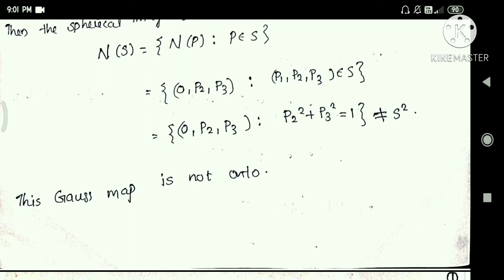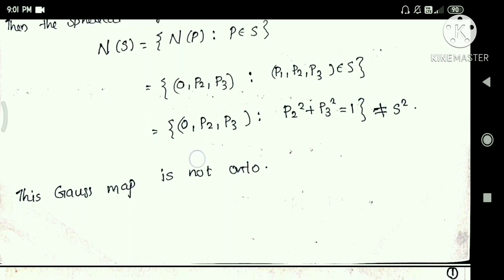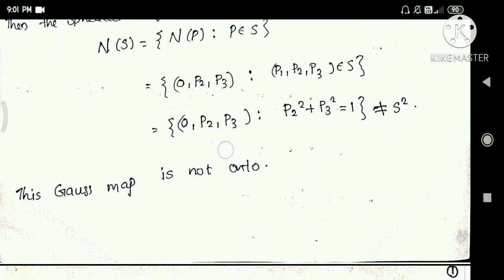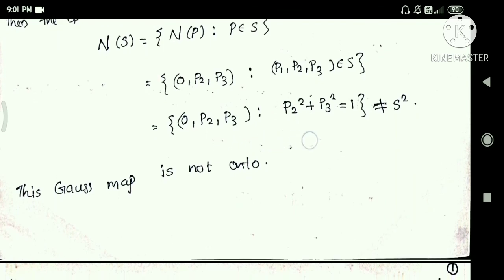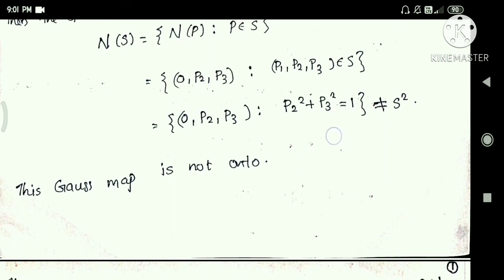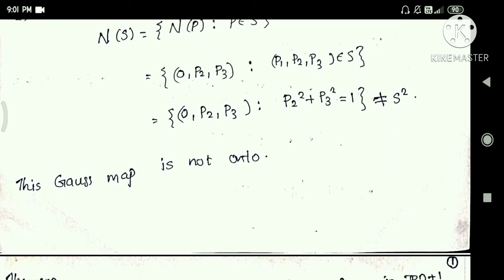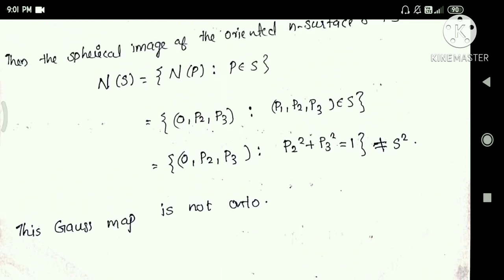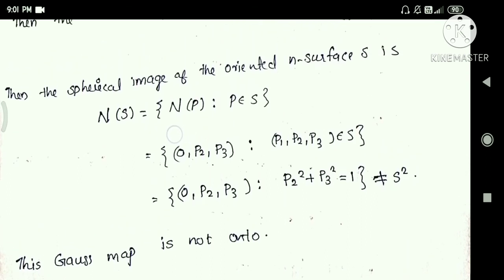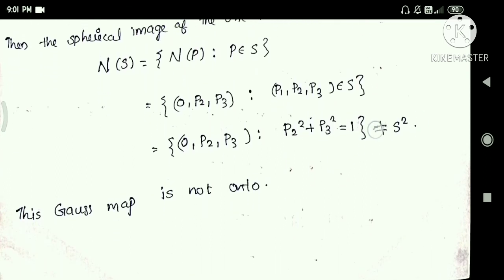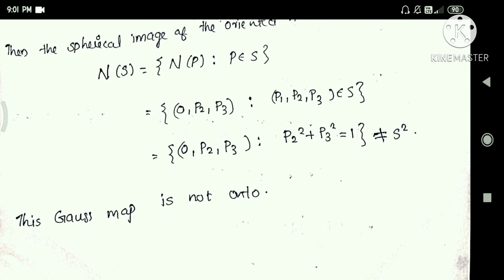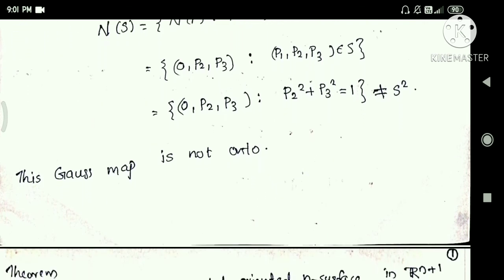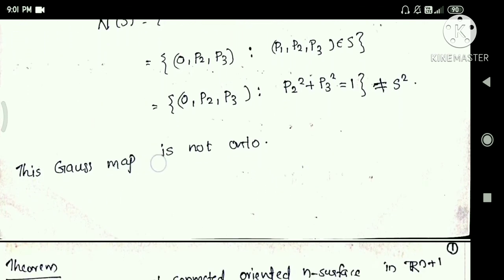So the set is equal to the set of all ordered triplets (0, p2, p3) such that p2^2 + p3^2 = 1. And here we can see that this set N(S) is not equal to the whole 2-sphere S^2. So we can say that this Gauss map is not onto.